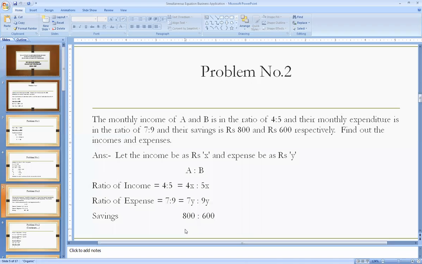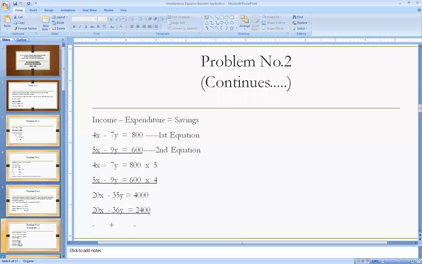So we know there is one equation to get the savings: income minus expenditure is equal to savings. That equation we can apply for the information given. The savings value we get with the help of the equation, that is income minus expenditure.